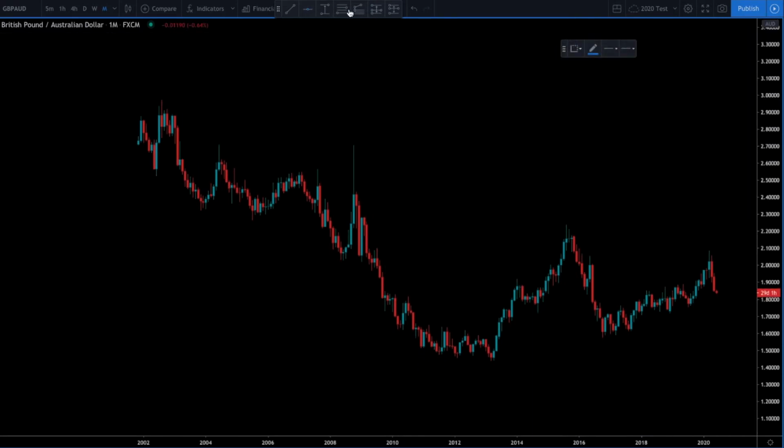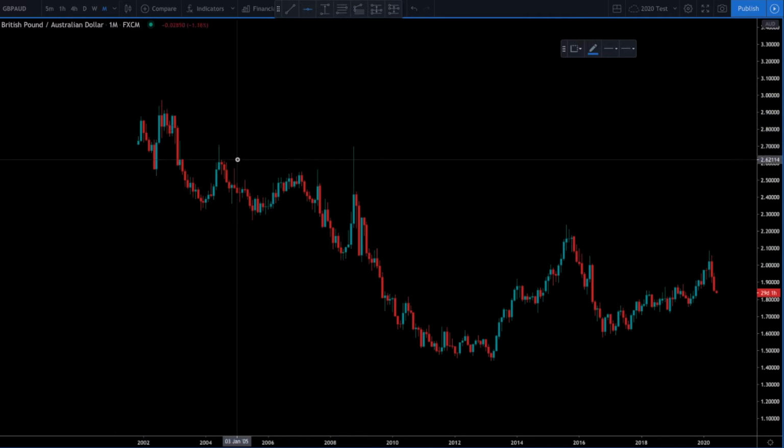So select the tool, and when you draw a line in, you want to draw in the open and close prices or the extremes, and you want to stay consistent with that. And some pairs are going to respect them differently.